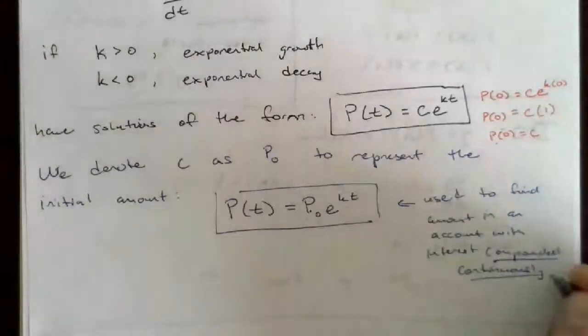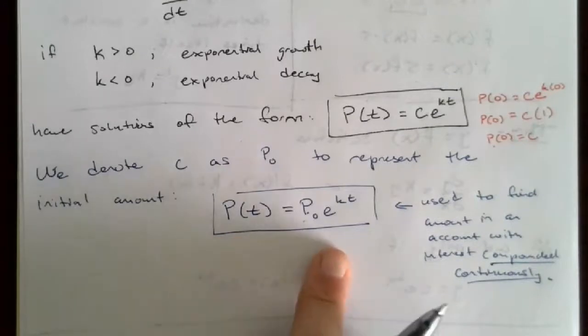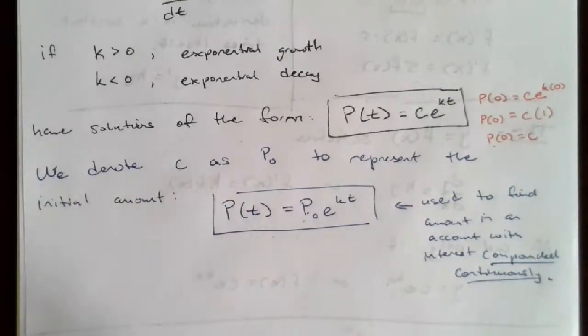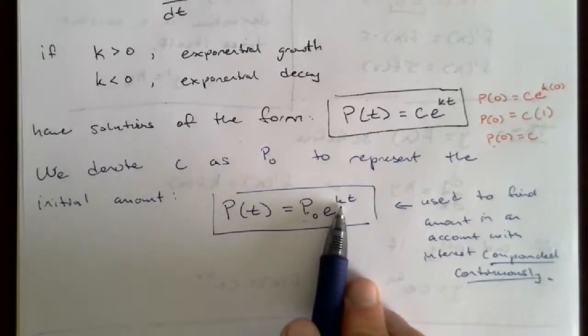This is something that we talked about earlier. This was the formula. It was called A, or A of t equals this, but it's the same idea. P of t is just the name of it. P sub 0 is the initial amount present. Instead of calling this K, we called it R for the interest rate, but K is just the same thing. It's going to be the exponential growth rate.